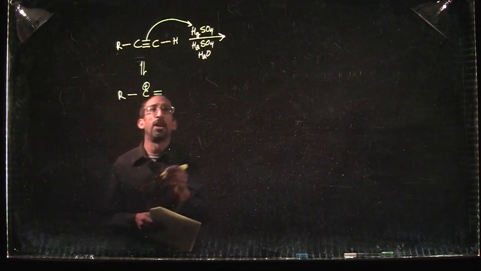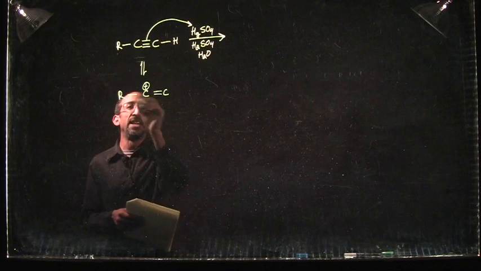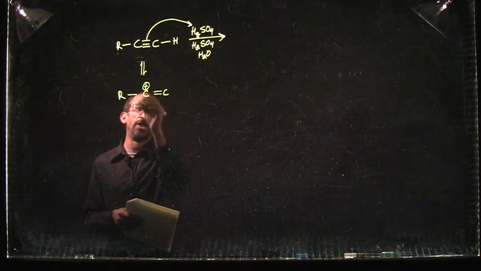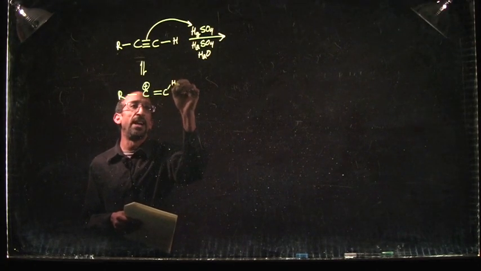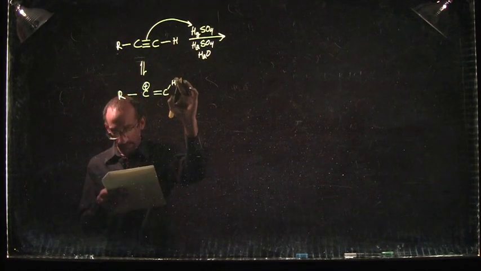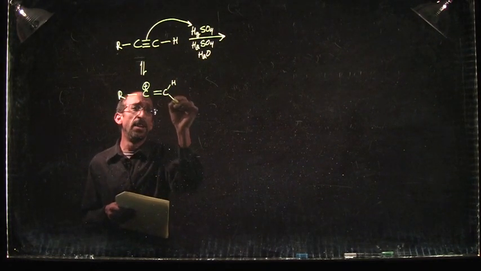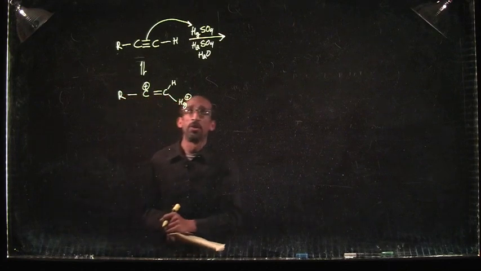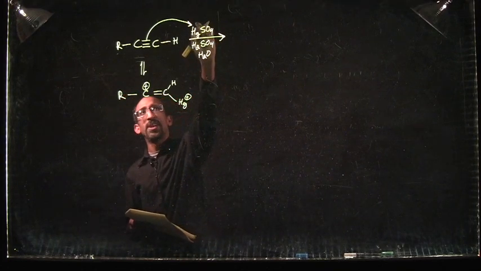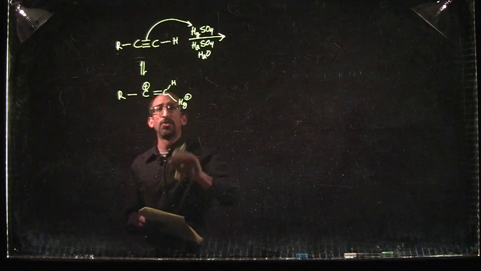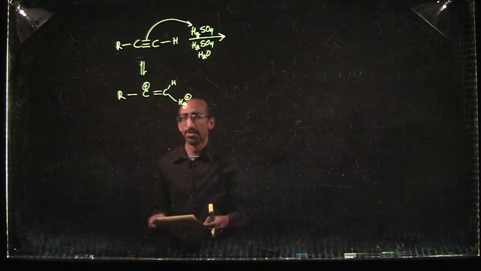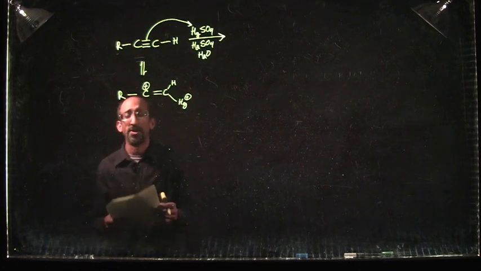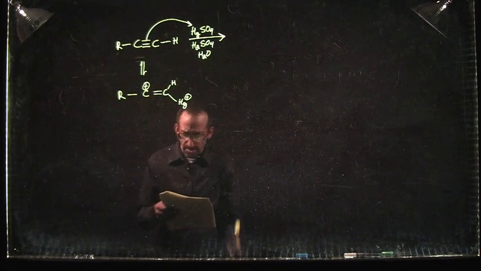This is a vinyl carbocation, but hyperconjugation does help to stabilize this to a certain extent. Here we've added our mercury to our terminal carbon. Now remember, mercury starts with a 2+ state. It's gaining electrons from the alkyne, so it goes to a 1+. It gets a formal positive 1 charge in this case.